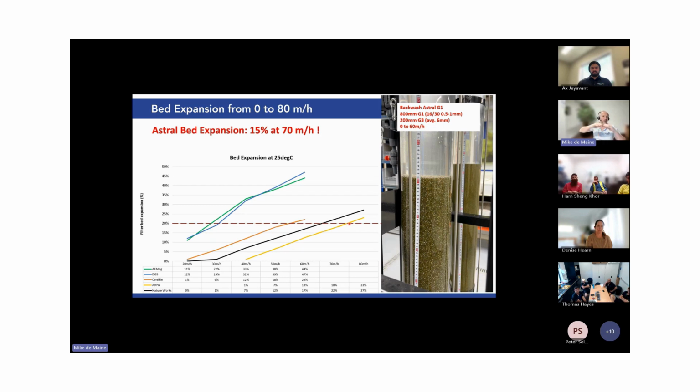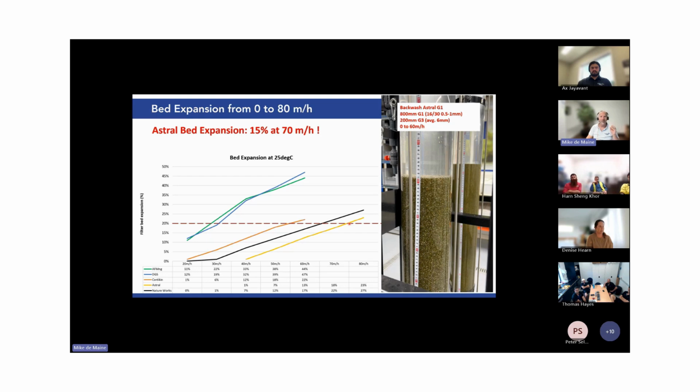If you're not backwashing at 40 meters per hour, you might be getting fluidization and bed expansion, but your organics are too heavy to be lifted out, so they end up sitting on top of your filter bed. They go up into the water column, they don't really release, and every time you come back into filtration mode, your pressure differential increases over time. That's straight away an indication that your organics are heavier than what your backwash velocity currently is, so you should increase your backwash velocity. Our general experience is that 40 meters per hour will release all organics.